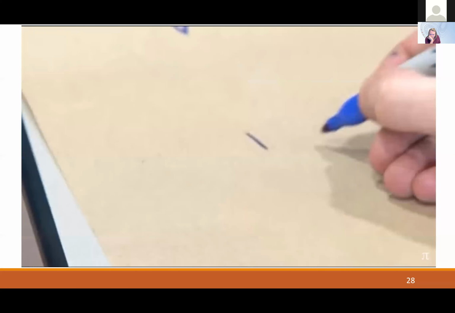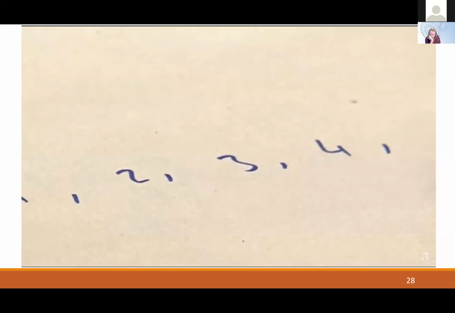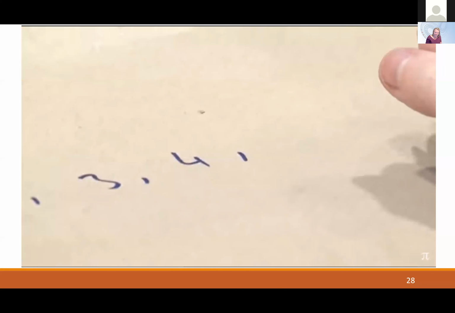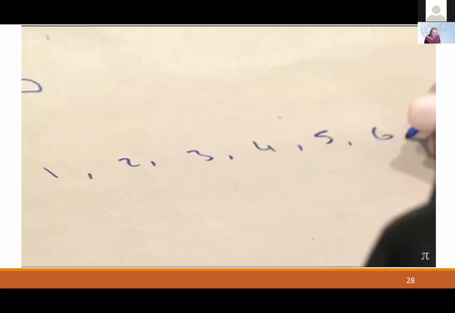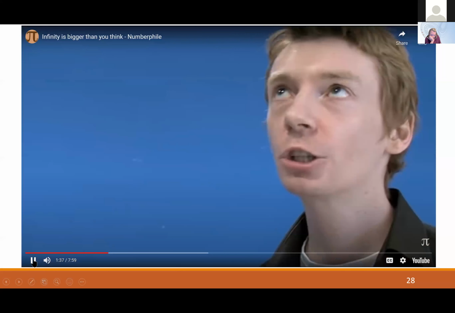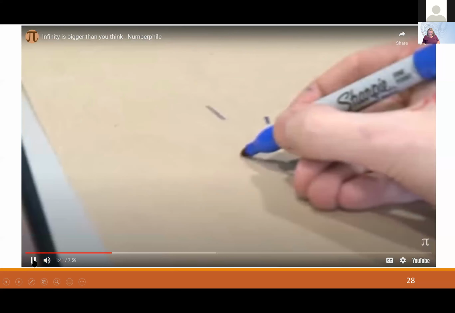All right, let's do the simple numbers. 1, 2, 3. I'm not going to do all of my jokes. 4. How long have we got? 10 minutes. All right, 5, 6. So you can list the whole numbers. So this is called countable. Listable, I prefer. What about the integers? All the integers, that's all the negative numbers as well. So there's 0, let's have that.